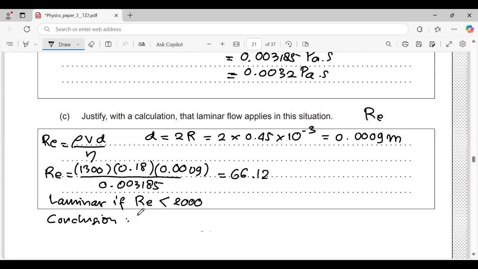The conclusion is that the flow is indeed laminar in this situation.